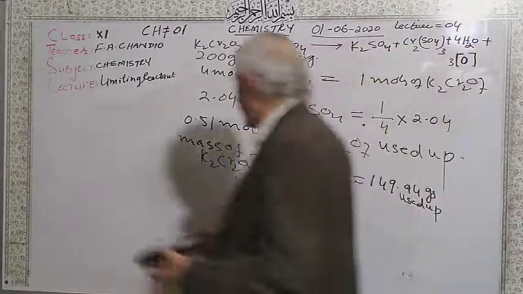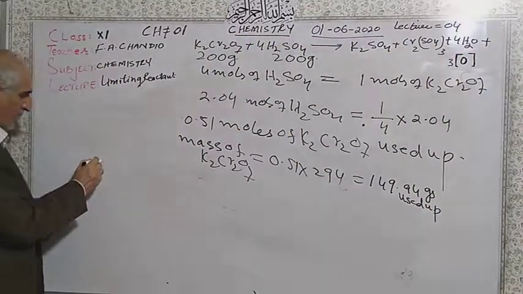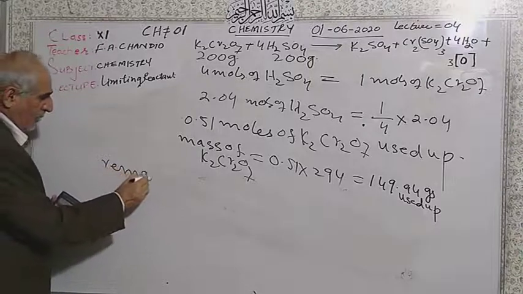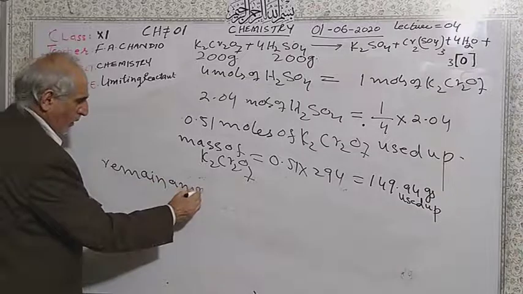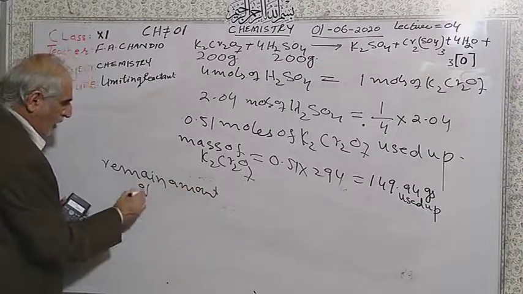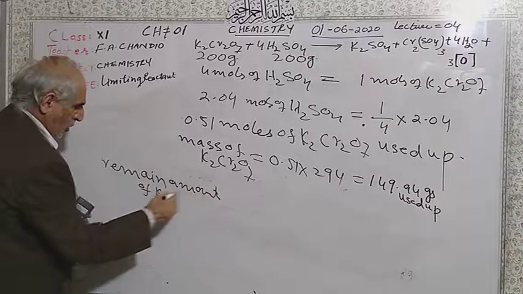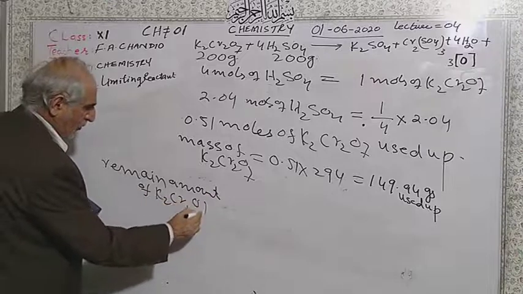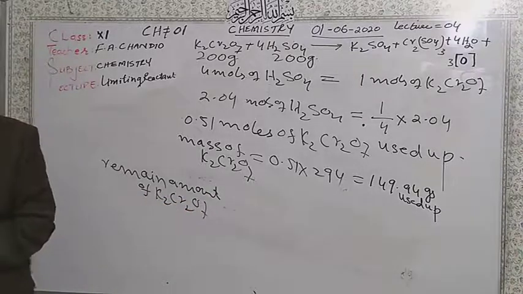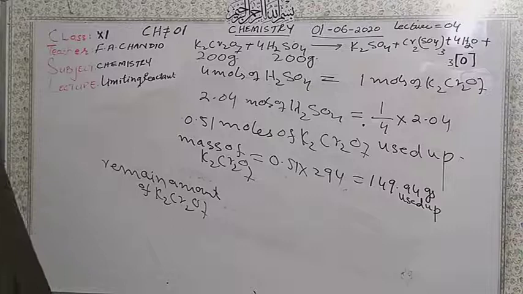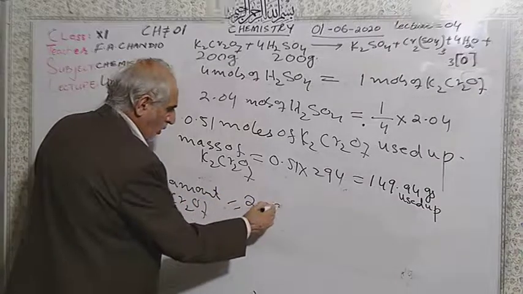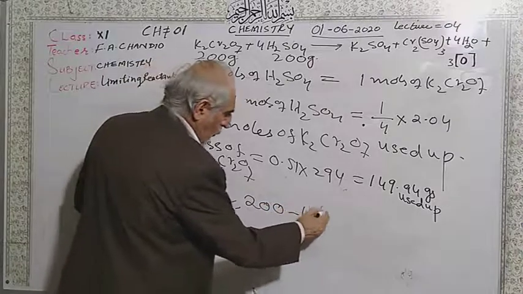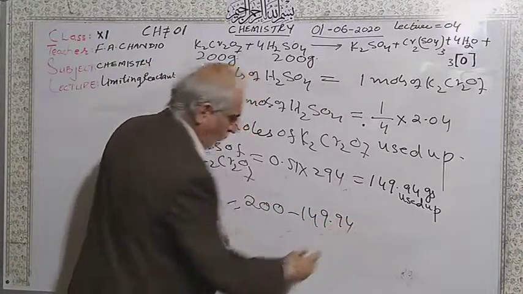And how many remain behind? The remaining amount of potassium dichromate is 200 minus 149.94.